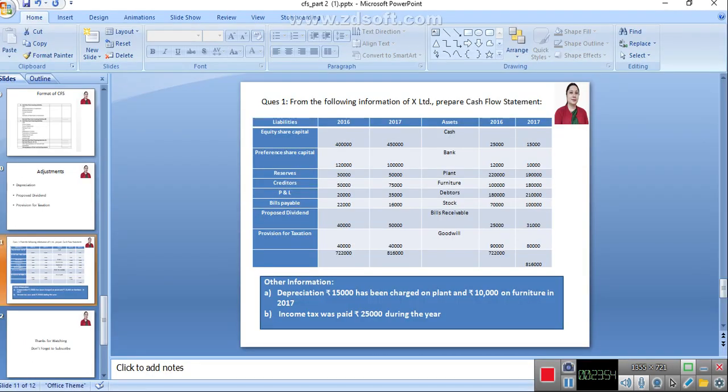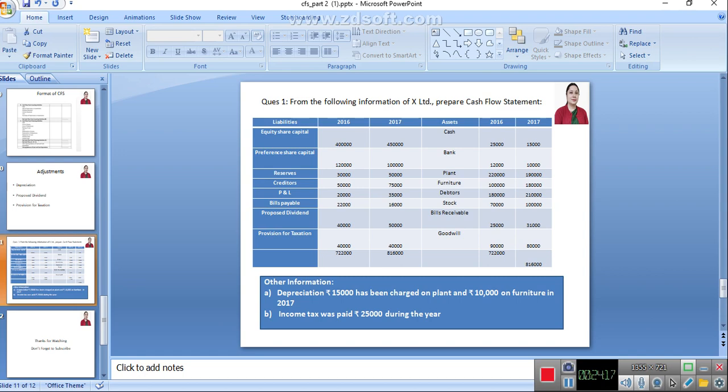After bills payable, proposed dividend. Now see, in this question you have not been given anything to assume it as current or non-current liability. Preferably I am assuming it as non-current liability, and it is given without adjustments.